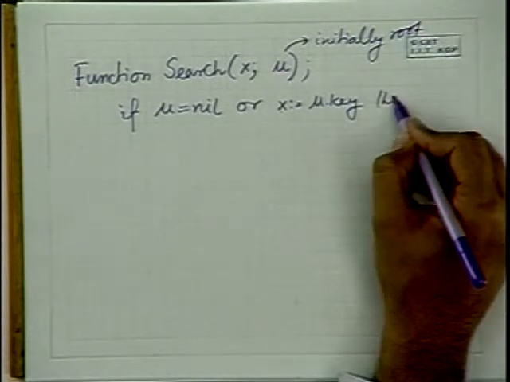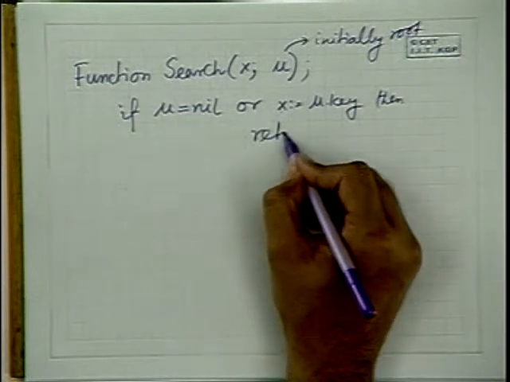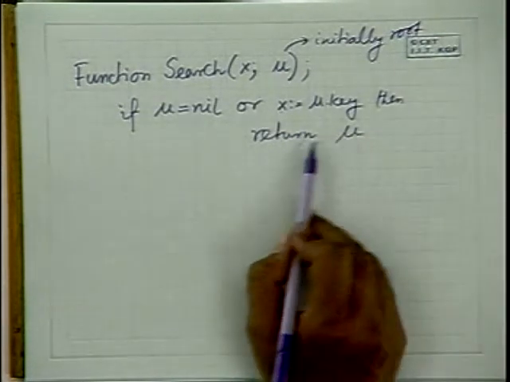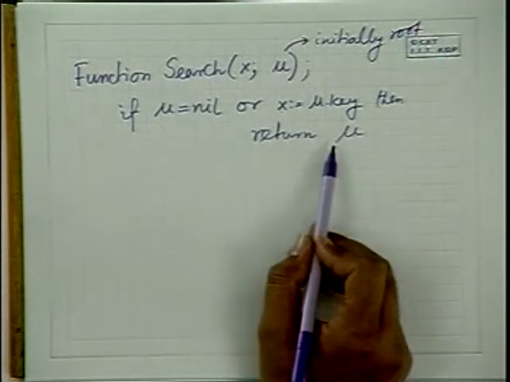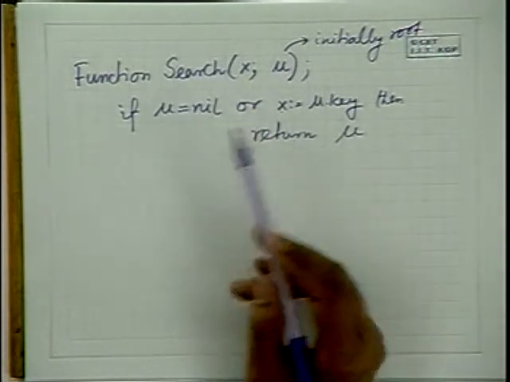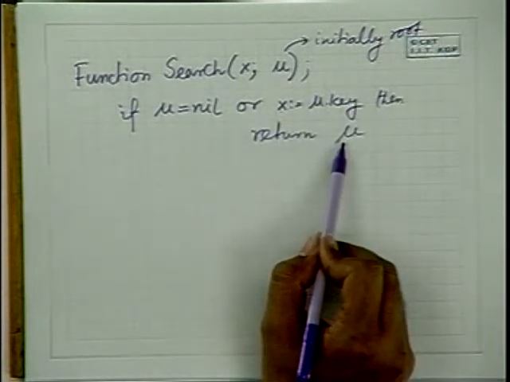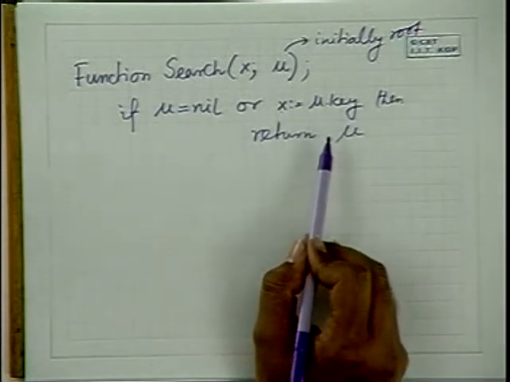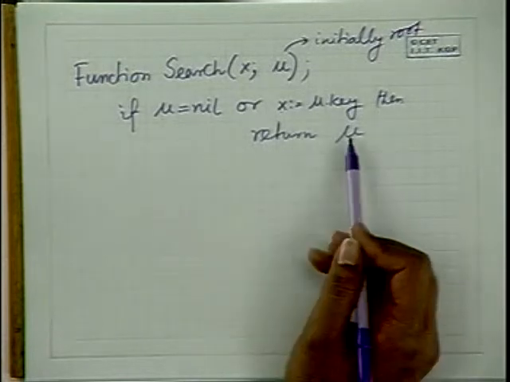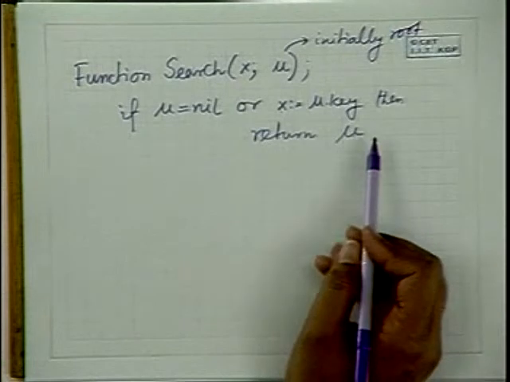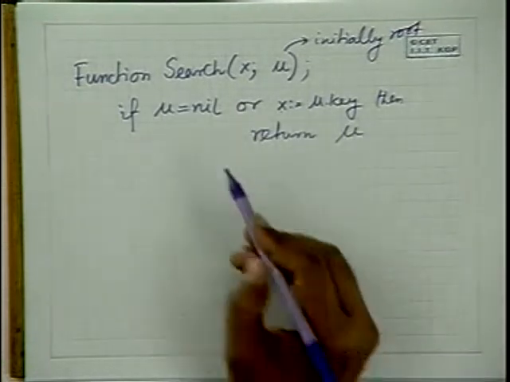So then return mu. You can handle both cases uniformly. If this algorithm returns a null or nil pointer, that is, if mu is nil you are returning nil, then the value was not present. Otherwise, it will return the pointer to the node containing this value x.